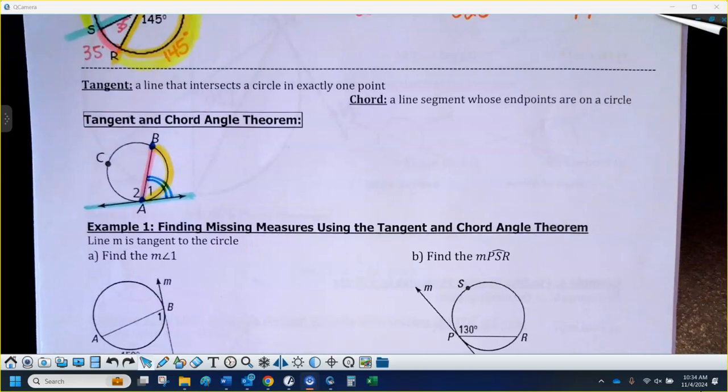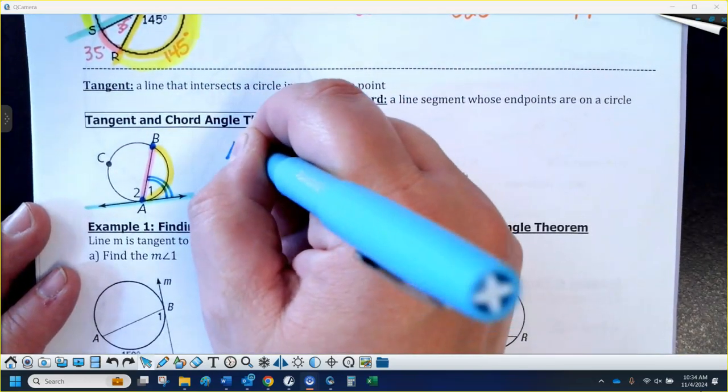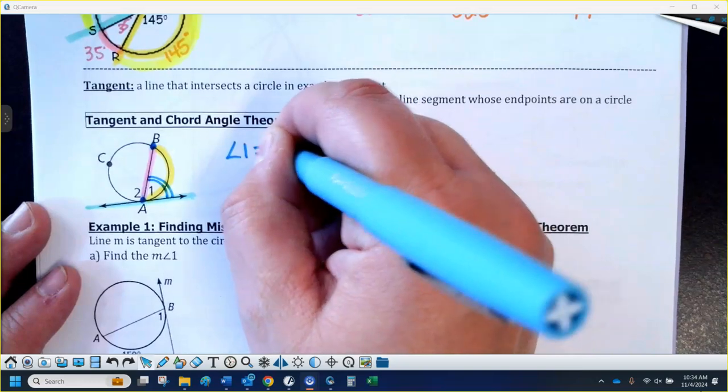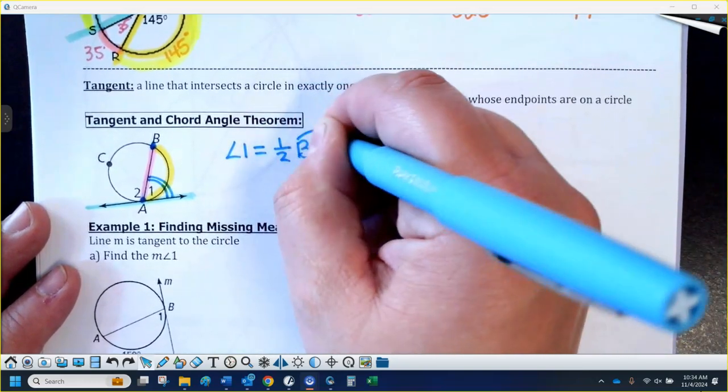Now, the intercepted arc there goes from B to A, and this is always true. If the vertex of your angle is on the circle, which A would be the vertex of that angle, the intercepted arc, you just cut that in half to get the angle measure. If you know the angle measure, you multiply it by 2 to get the arc. So I'm going to write two things here. Angle 1 is going to be half of arc BA.